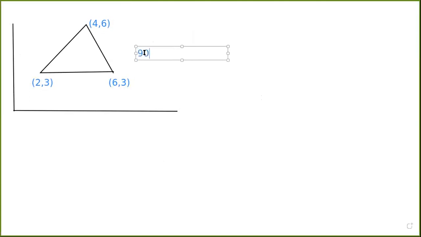So rotate it 90 degree, in the anti-clockwise direction. That means this triangle should be rotated in the anti-clockwise direction. So I am taking theta equal to 90 degree.